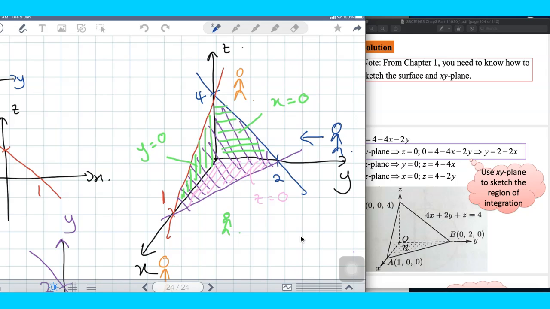Here, what I want you to do is think you are inside that solid. What kind of orientation do you want to use to get insight into the solid?